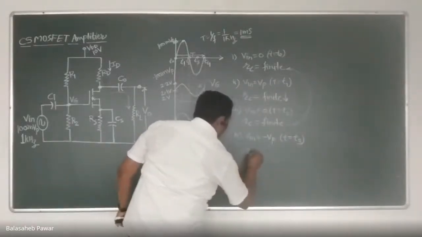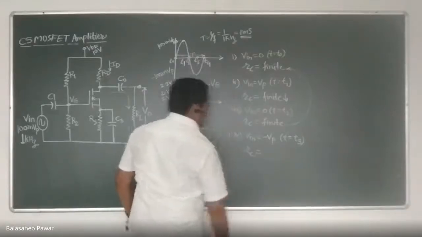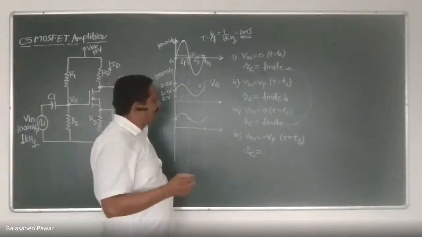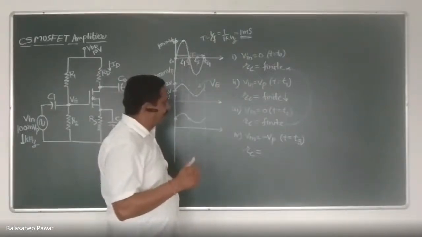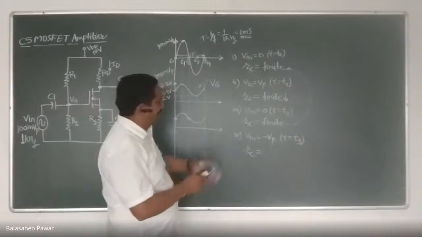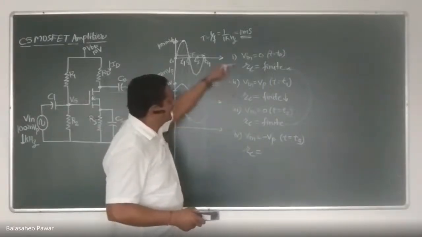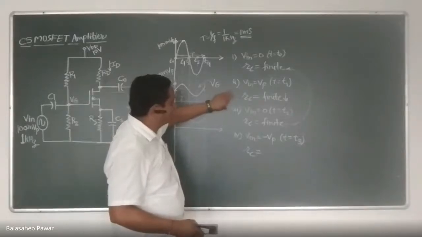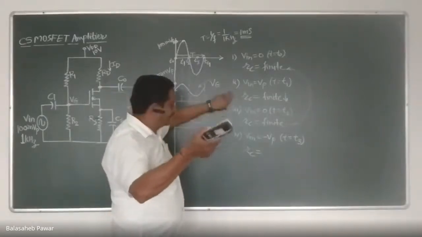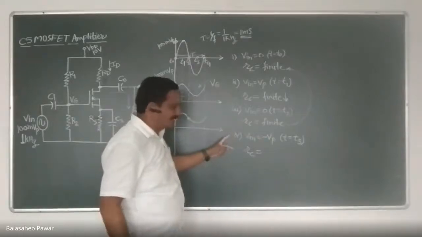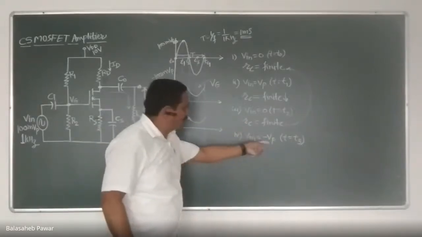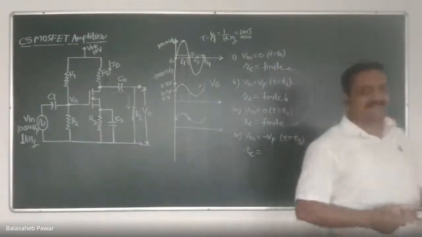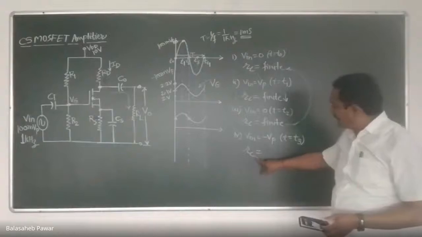Now the question is, what will be the effect on RC? Will it be the same as in the first and third conditions? Because the first and third conditions are the same. See this one. In both cases, the input goes to 0, right? But in the second condition, the input goes to the positive peak. Now, which condition are we considering? The fourth condition, where Vin goes to the negative peak. What will be the effect on RC?